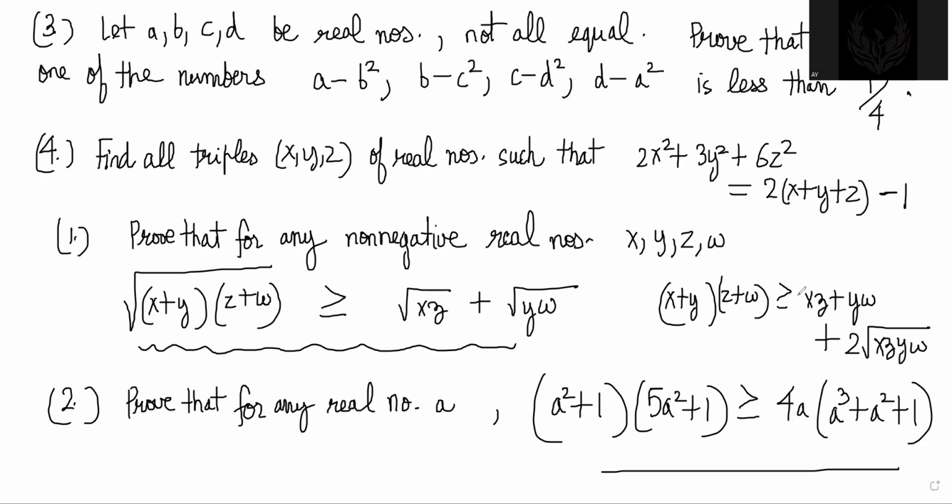So you cancel these two, right? Yes. You're getting xw plus yz. How do you know that is correct?